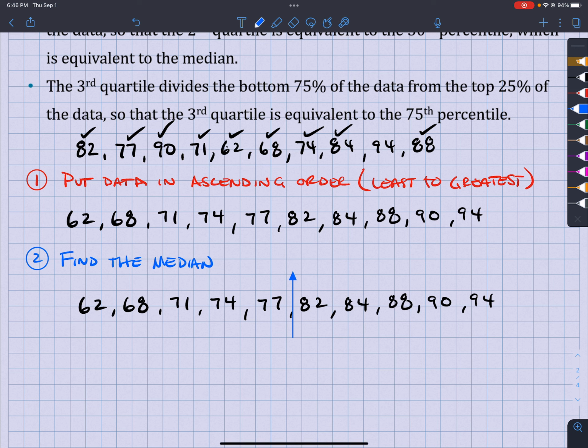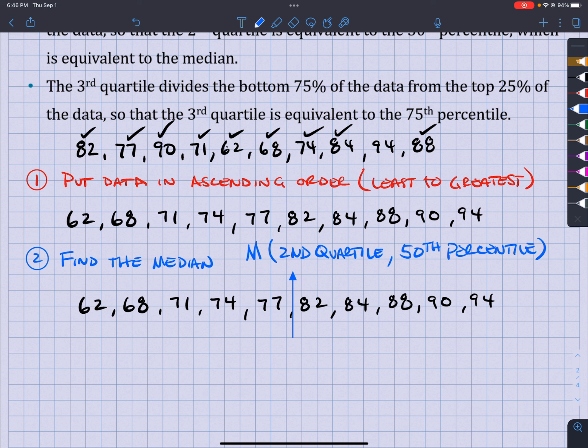So to find the median, or the second quartile, which is also known as the 50th percentile, right?